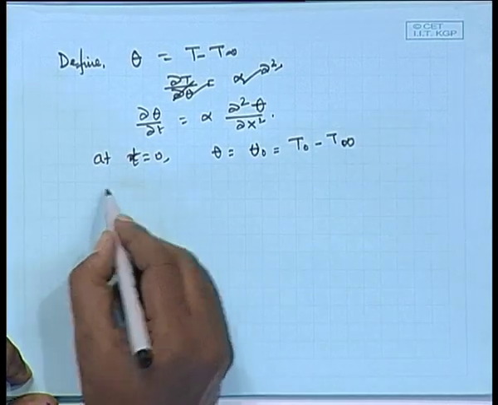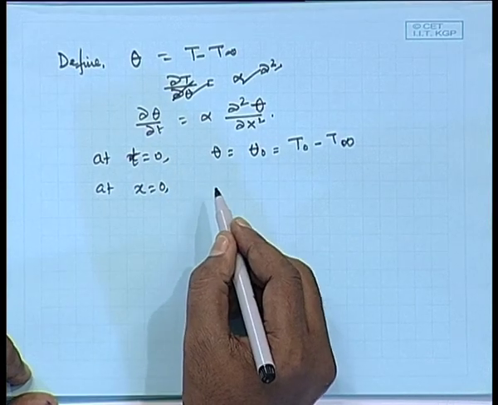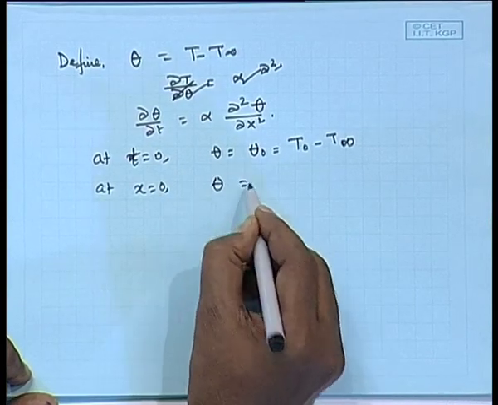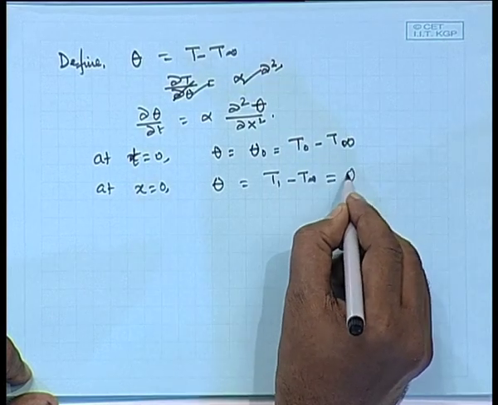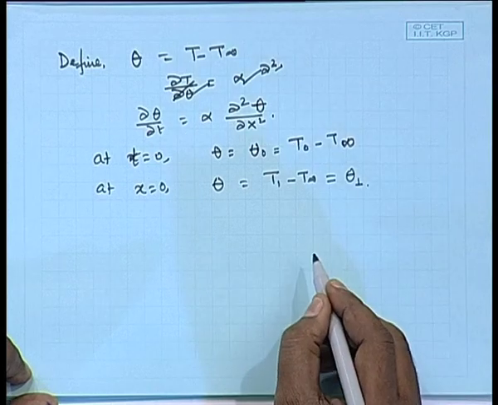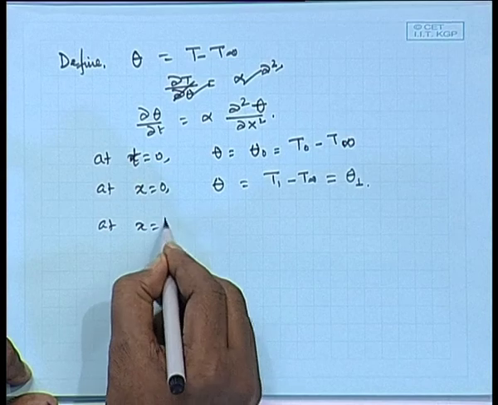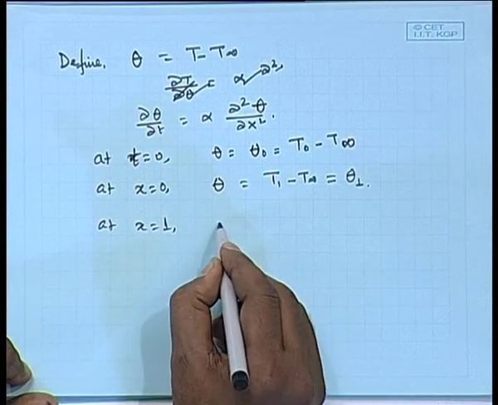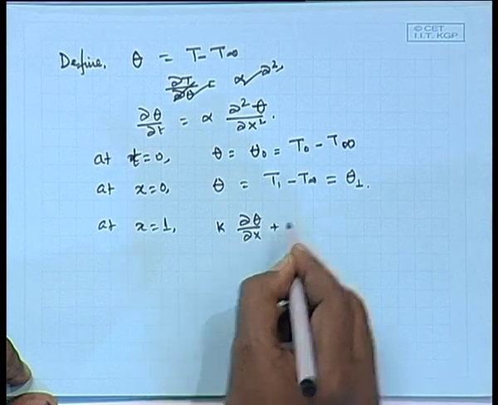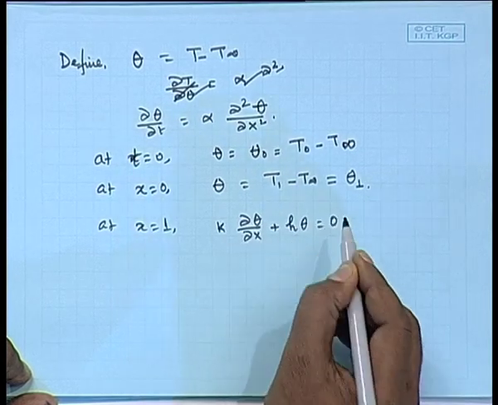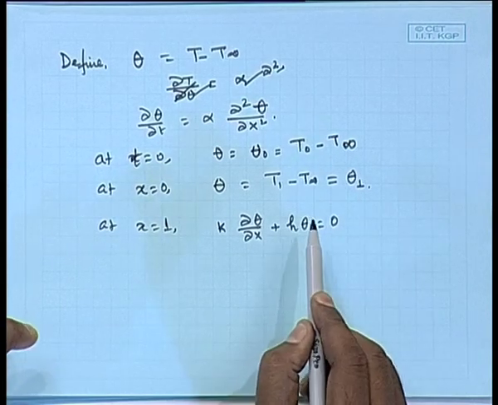At x equal to 0 your T was T1, so your theta is T1 minus T infinity, let us say theta 1. Now, at x equal to 1, k ∂θ/∂x plus h theta is equal to 0, right. Again, you will have 3 sources of non-homogeneity.